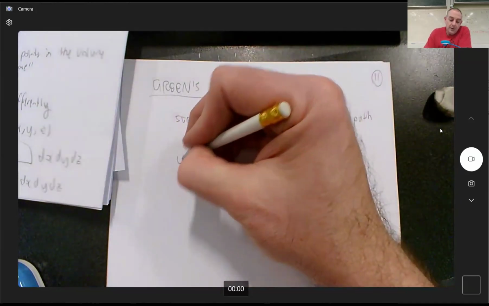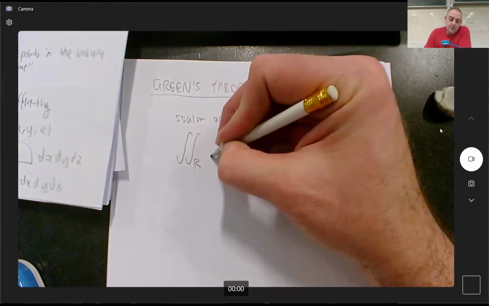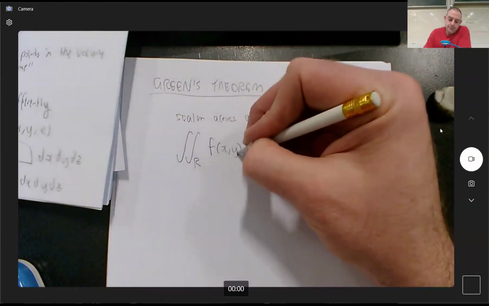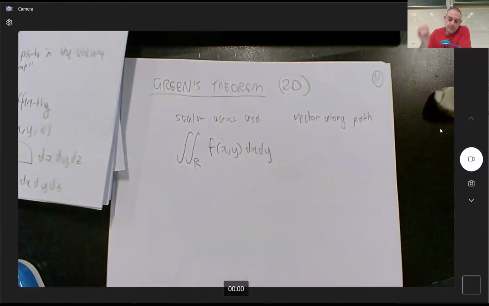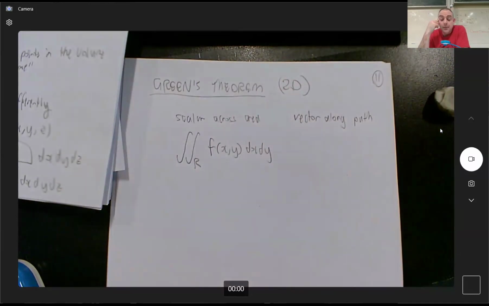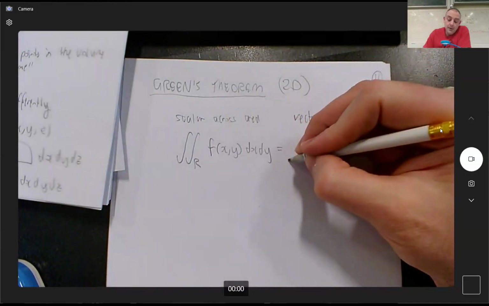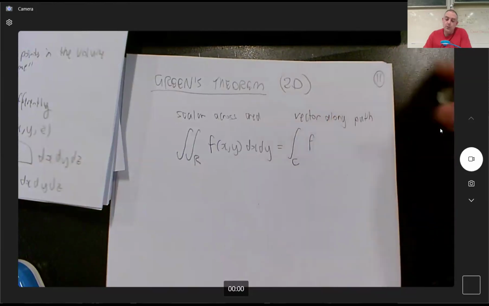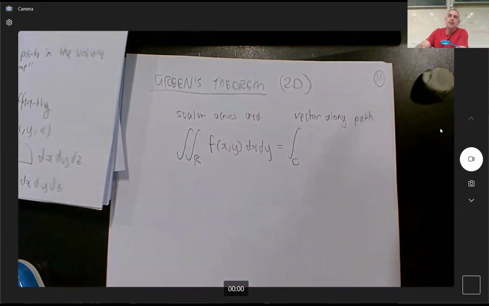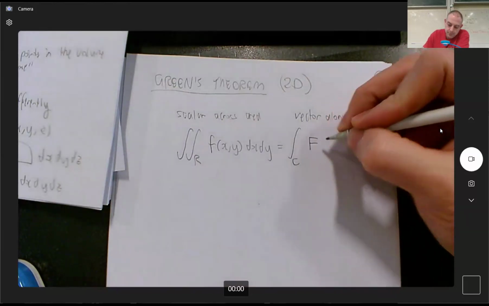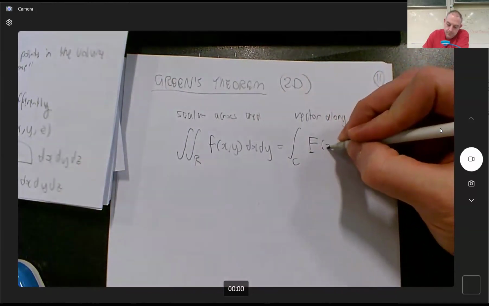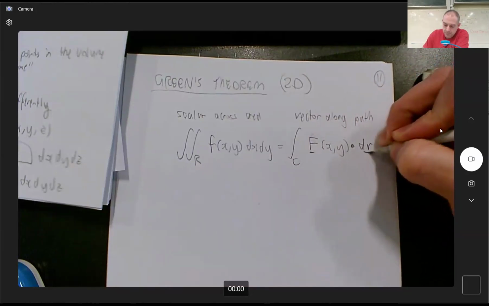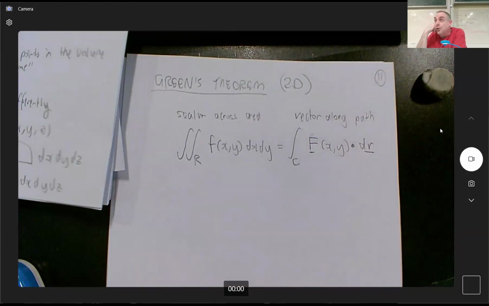So you have a scalar function like that, and a vector function. Oh, that's got to have a different name, doesn't it? This is not how it's written in your course.